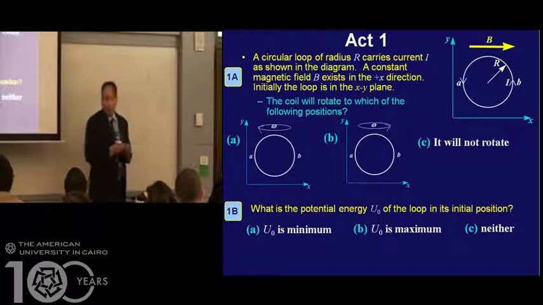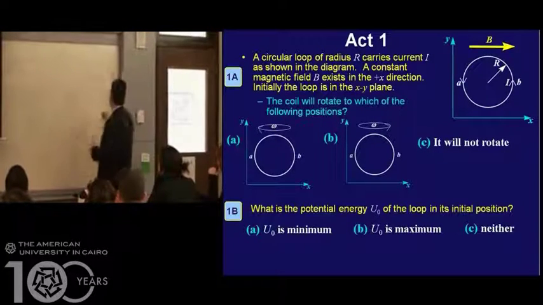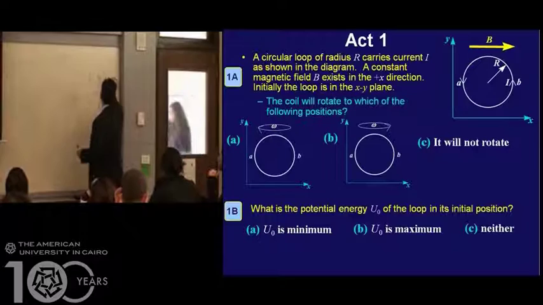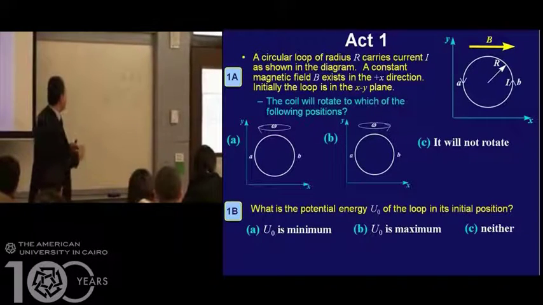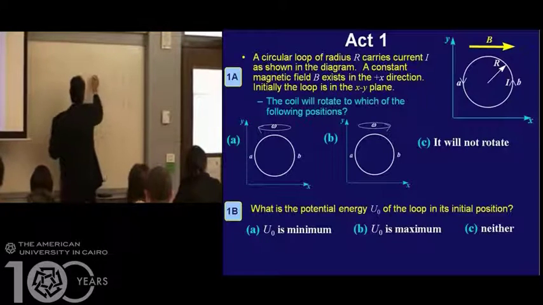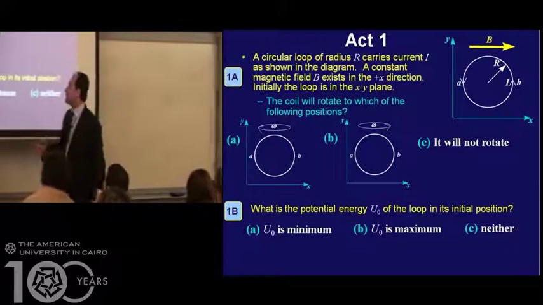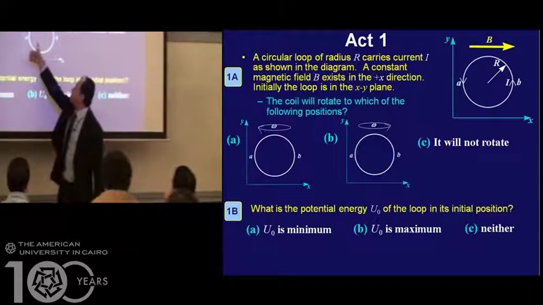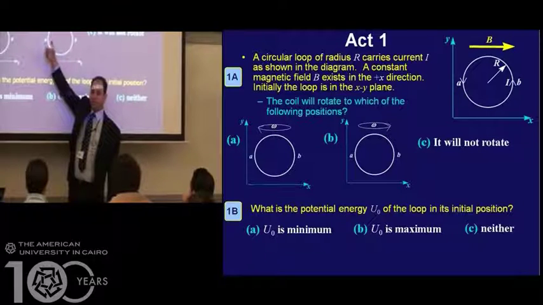How about the magnetic field? It's I. Now look at the smiley face. It's K cross I. That means that the torque has to be in the positive J direction. This is the direction of the torque, and this is the direction of the rotation.